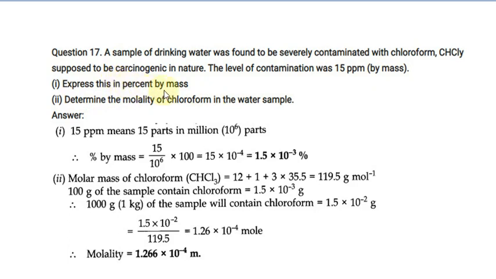Express this in percentage by mass or determine the molality of chloroform in the water sample. I think we can't solve this question because till now we have not discussed molality. So we will solve this question later on.